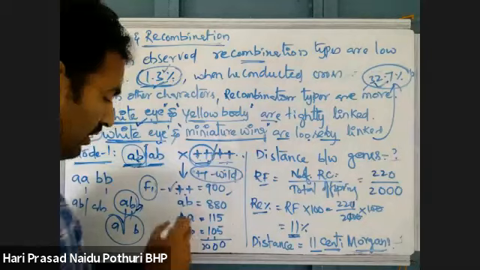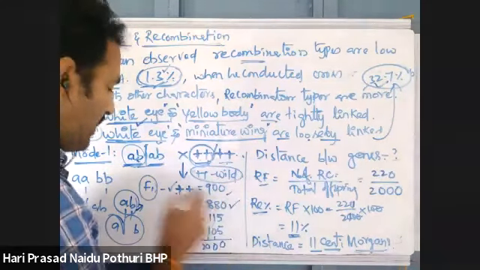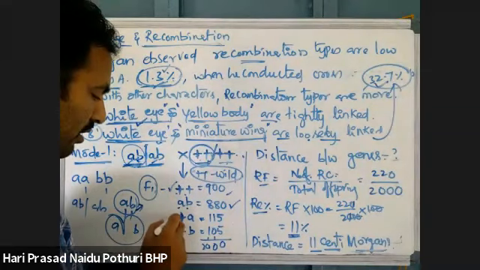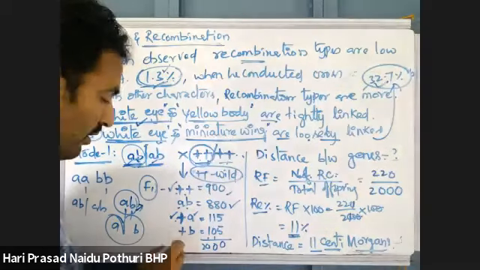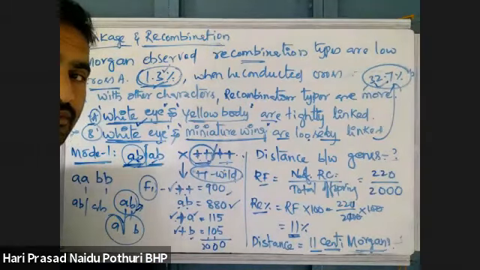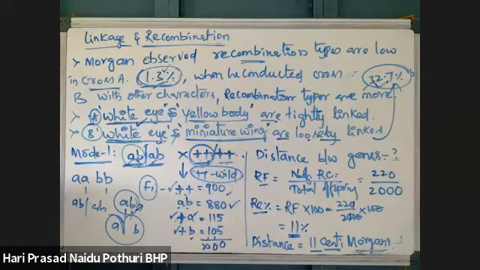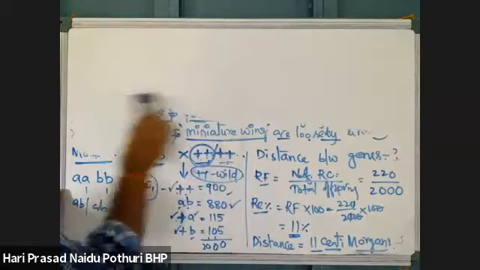Here both are not wild, so expression is based on gene A and gene B. Wild character is expressed along with character A, and wild character is expressed along with character B. This is model 1 of recombination.